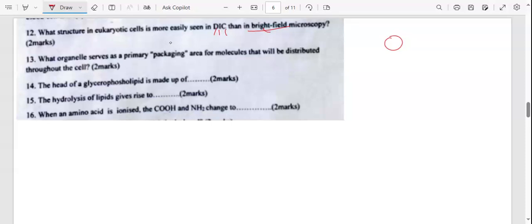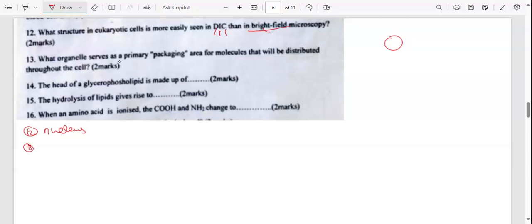The differential interference contrast microscope is one of the best, most powerful microscopes. This type of microscope will be there to view cell organelles. So we can say the nucleus. The nucleus will be seen in that.